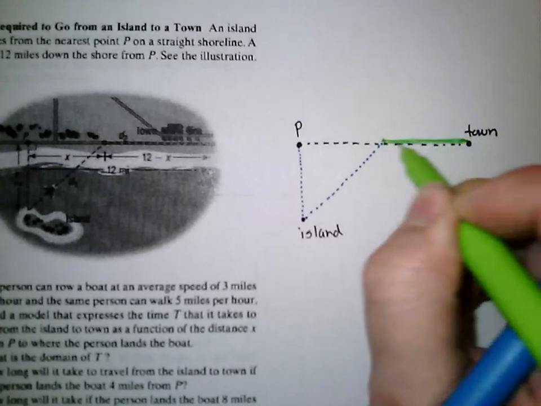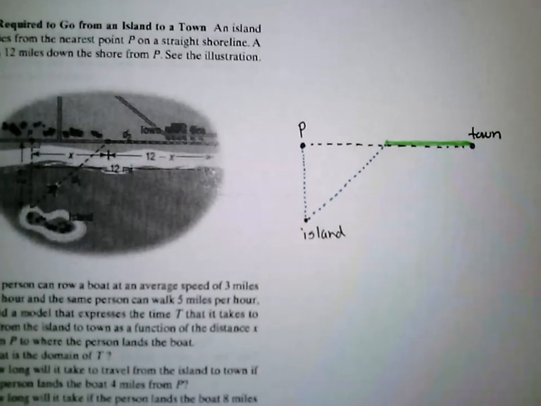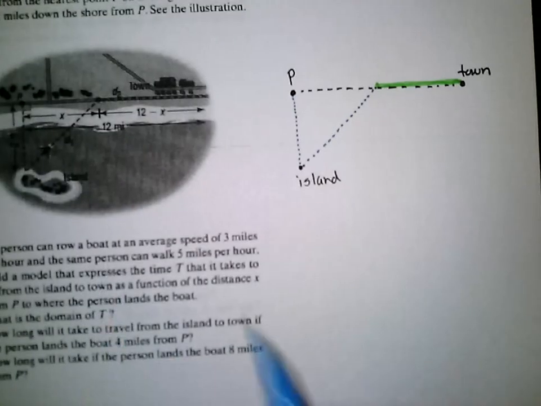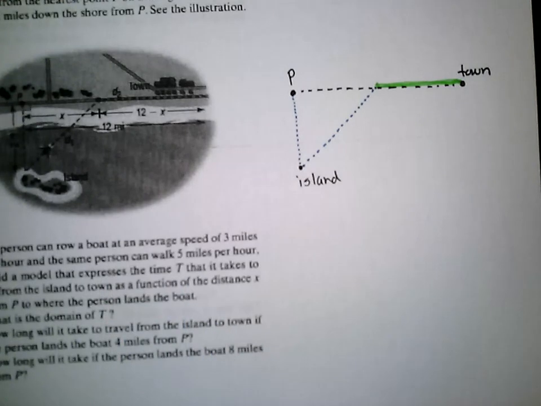Because as we know, the shortest distance between 2 points is a straight line. So I could go straight across from the island to the town, which is a possibility. But I also know that I walk faster than I can row. But I have to somehow get across.